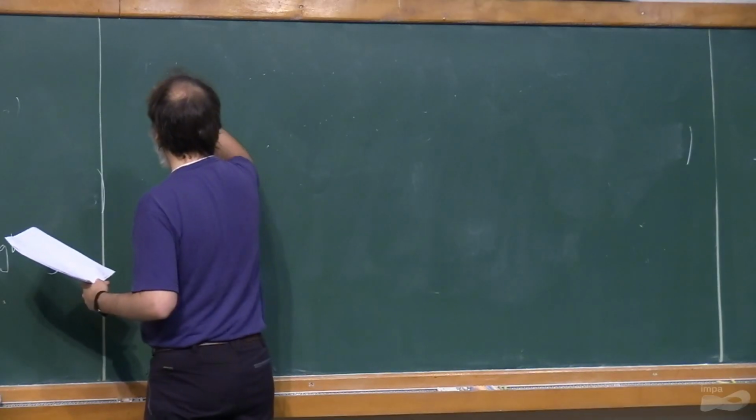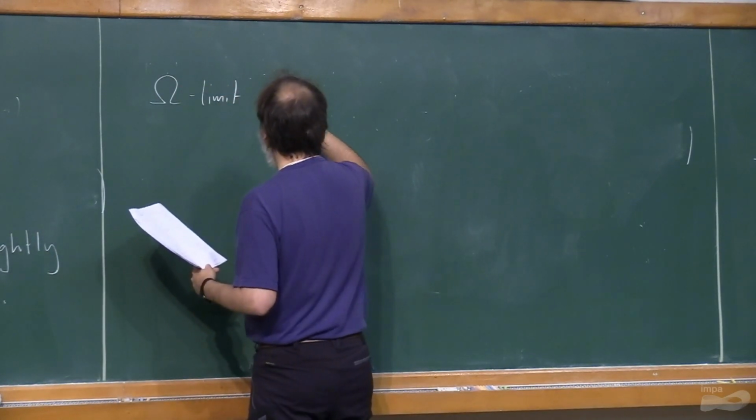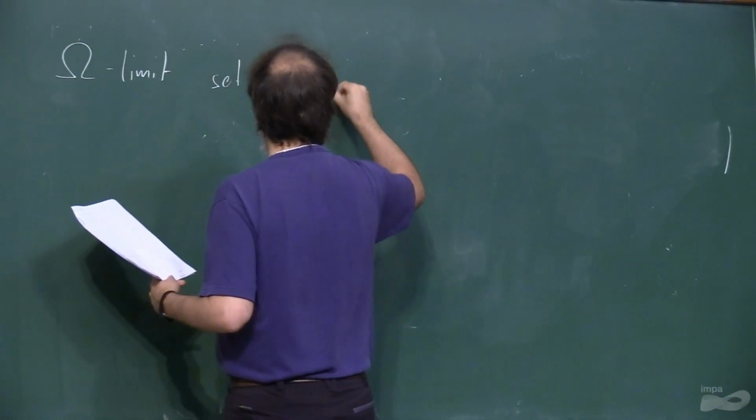So we have the so-called omega limit set of a family.